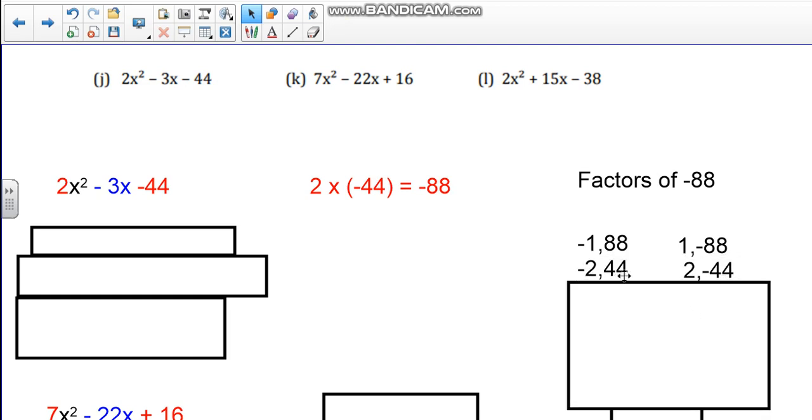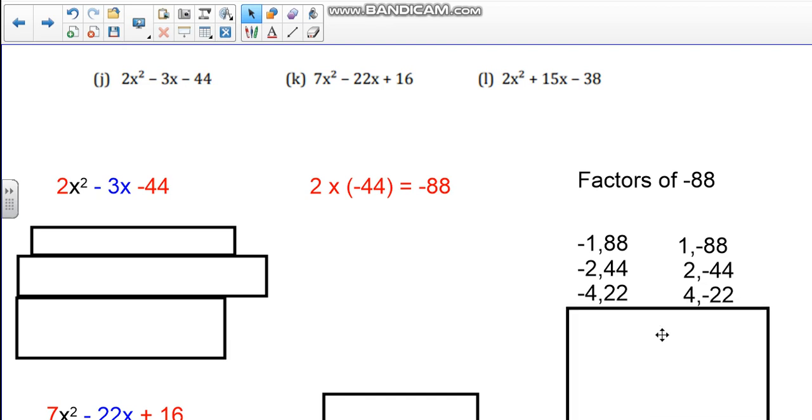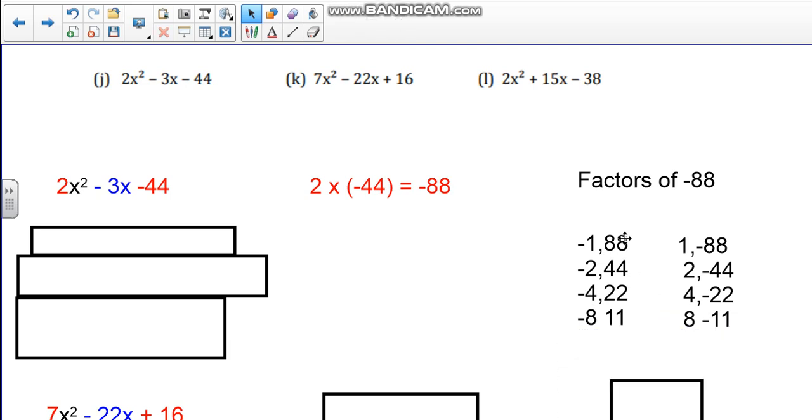There's minus 2 and 44, and 2 and minus 44. Now 3 doesn't go into 88, but 4 does, so we get minus 4 and 22. 5 doesn't go in, 6 doesn't go in, 7 doesn't go in, but 8 will, and it'll be 8 and minus 8 and 11, and 8 and minus 11. And then 9 and 10 don't go into 88.